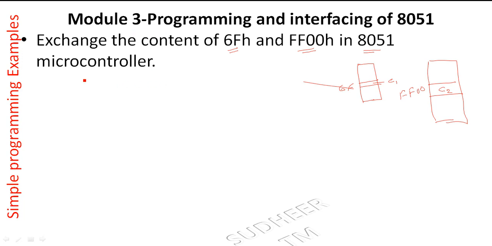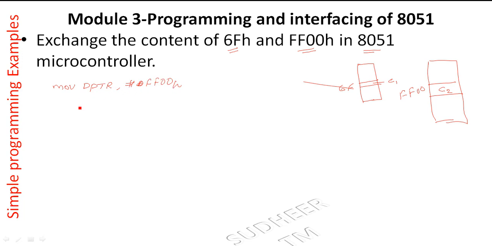So the instruction is MOV DPTR, #0F000H. The DPTR will be loaded with F000H.